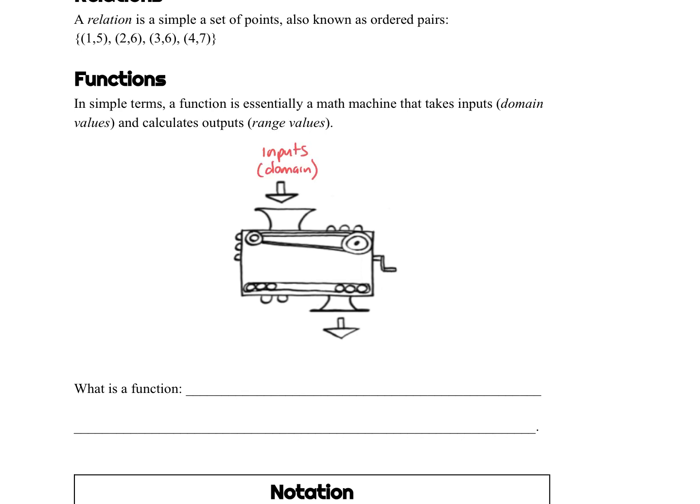We'll talk a lot about that word domain and its counterpart range. It takes your inputs, it does something to them, okay? It might be add, multiply, a combination of both, could be anything. And out comes the outputs, otherwise known as the range.